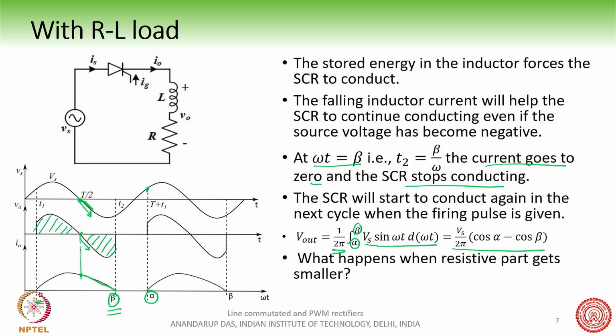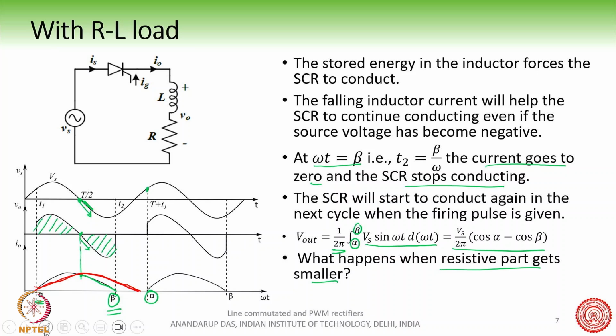Now one thing that we would like to see is what happens when the resistive part gets smaller and smaller. When the resistive part becomes smaller and smaller, this beta angle starts to expand. So alpha starts here and it will end here.